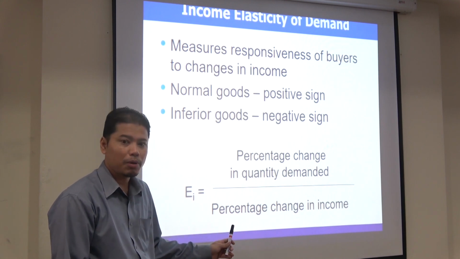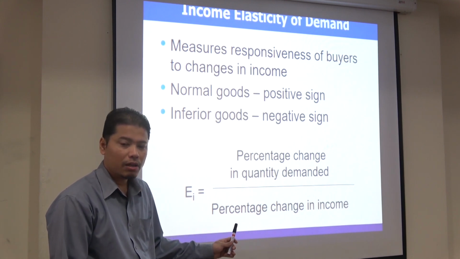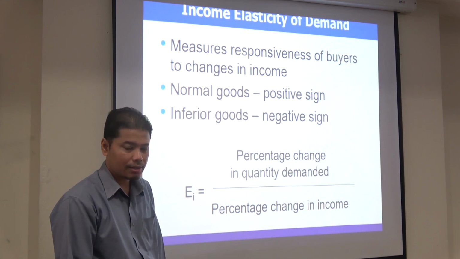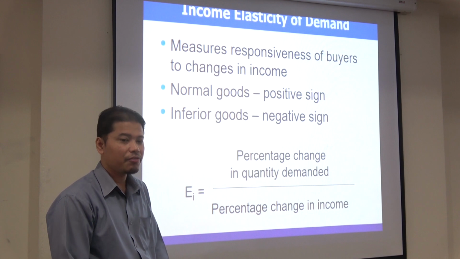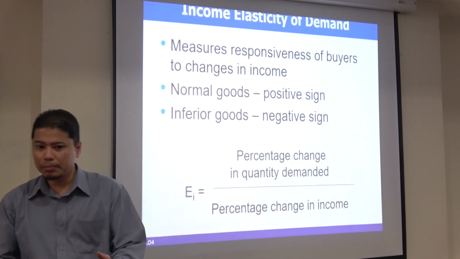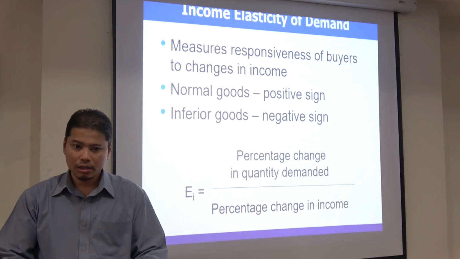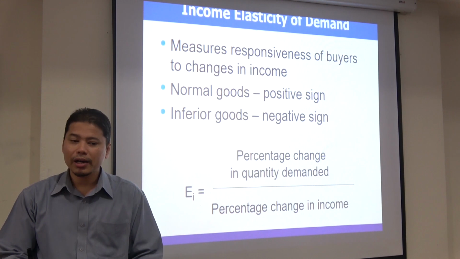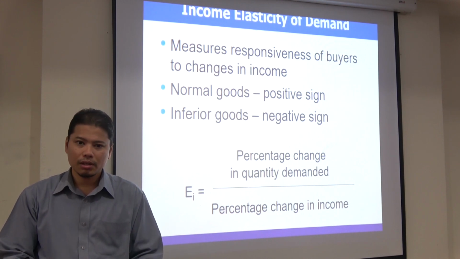Inferior products are the products you buy because you are not able to afford normal products. Let's say if you have the money, you would buy a proper meal for your lunch. But because you don't have the money, you buy a cheaper substitute.